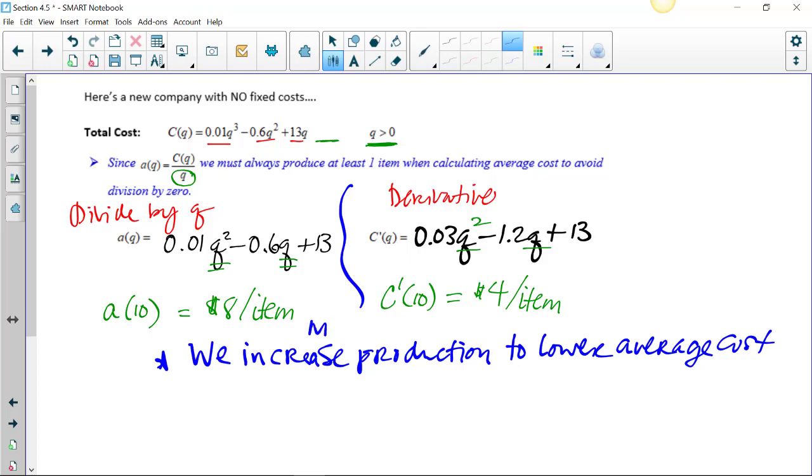All right, so we said marginal cost is less than average cost. Let's check that out.